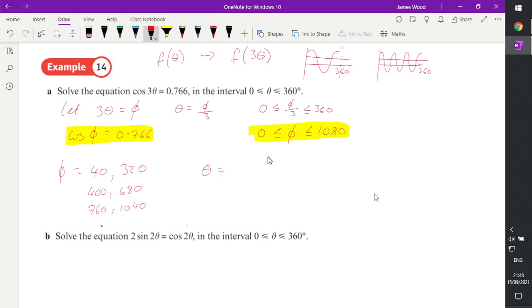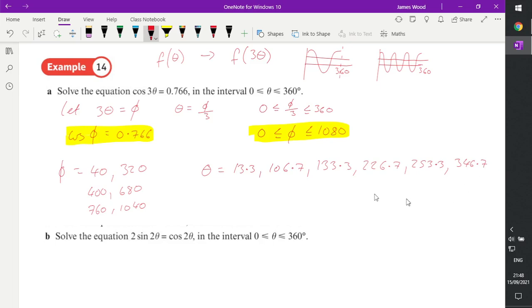So 40 over 3 is 13.3. 320 over 3 is 106.7. 400 over 3, 133.3. 680 over 3, 226.7. 760 over 3, 253.3. And then last of all, 1040 divided by 3, which is 346.7.